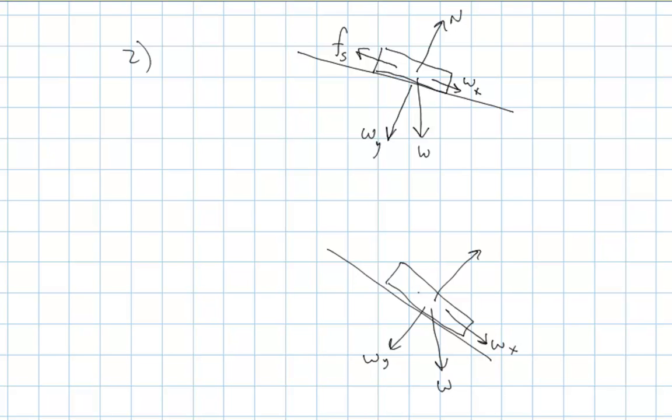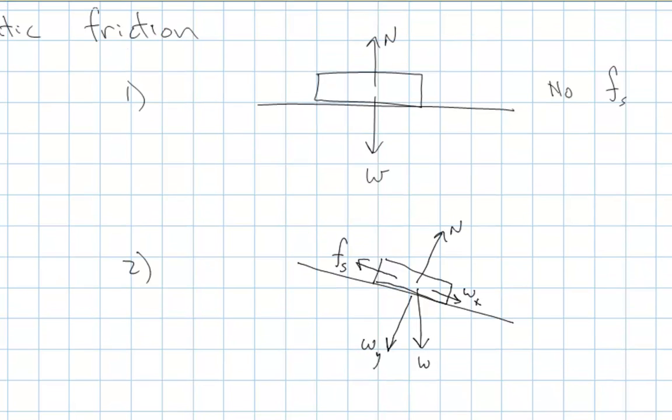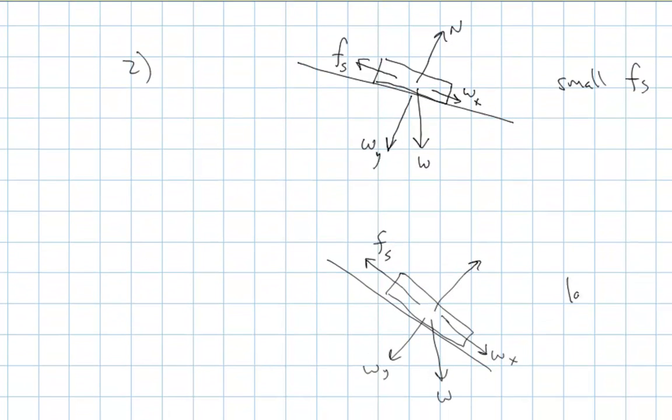So I must have a friction force that's even larger than before, that's equal to the weight of gravity going down, so my book's not moving. I went from no friction force in case 1 to a small static friction force in case 2 to a large static friction force in case 3.